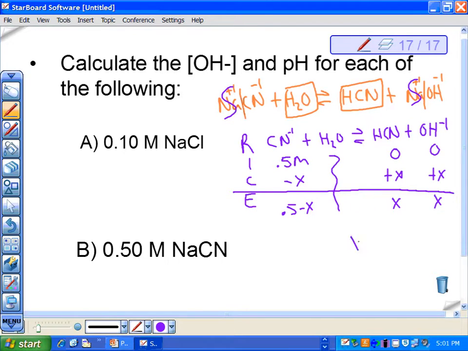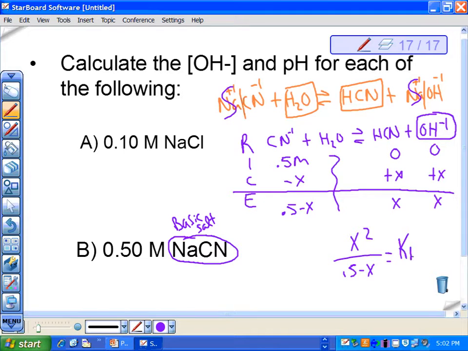So we're going to get x squared over 0.5 minus x. And then we need to decide, is it an acidic salt or basic salt? This is a basic salt. It's not a base, but a basic salt. Or you could see, if you do the net ionics, you can see this OH here. We've got to set it equal to Kb.